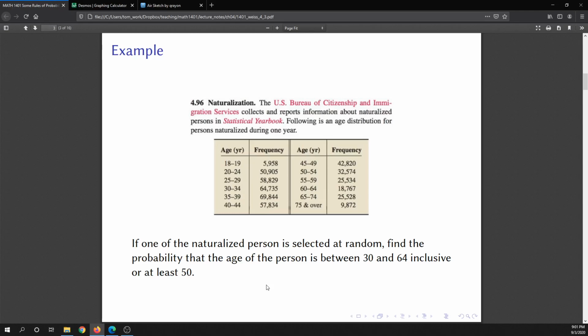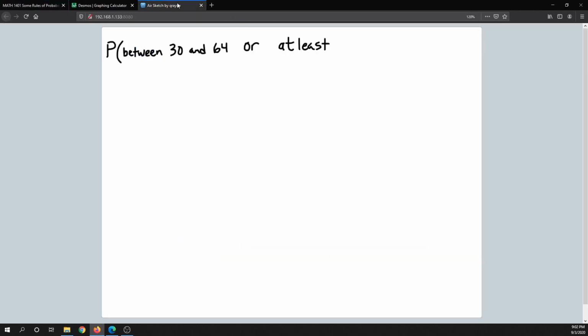So we want the probability that the person is between 30 and 64, or at least 50. All right, so that's going to look like this.